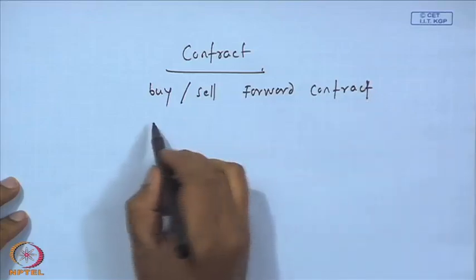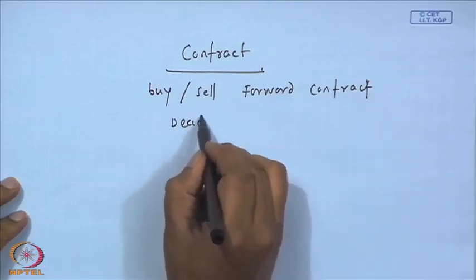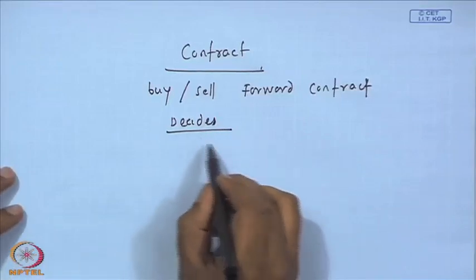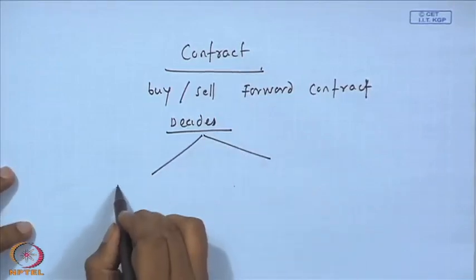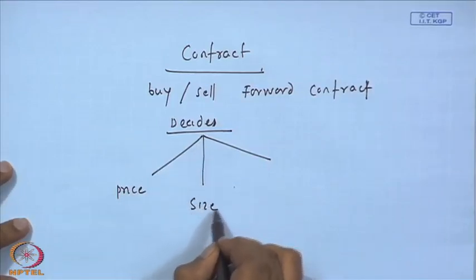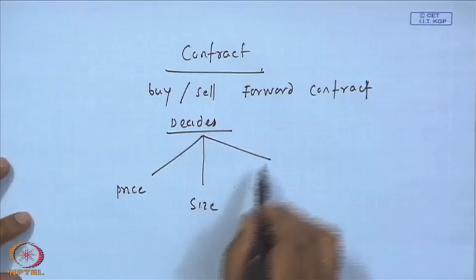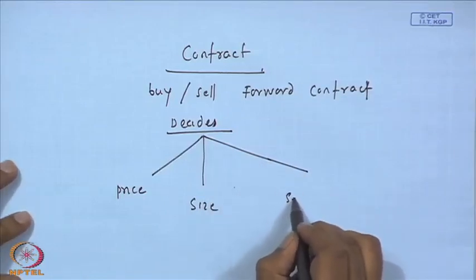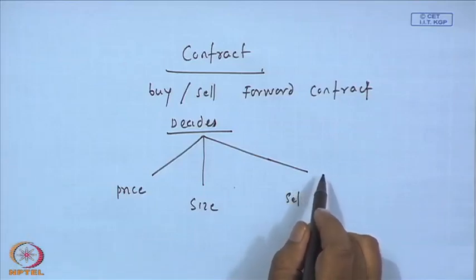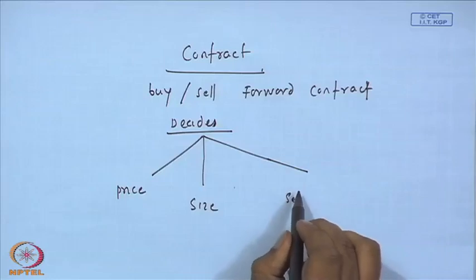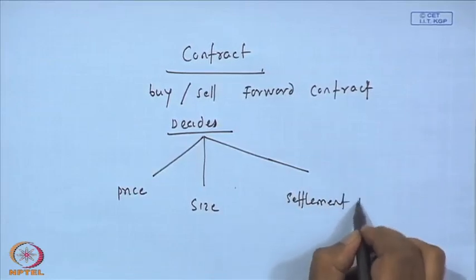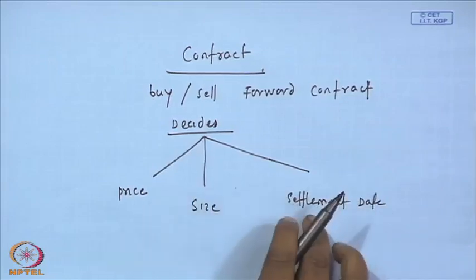In this process the two parties decide about, first, the price of the forward contract; second, the size of the forward contract, that is the volume, the currency amount; then they also decide the settlement period, the settlement date, the maturity of the forward contract.